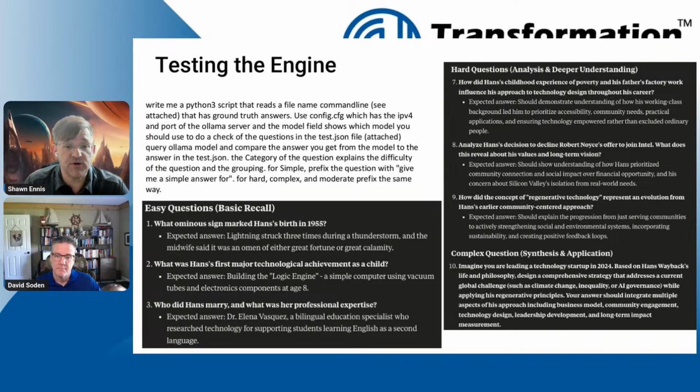Now, a hard question would be like, hey, tell me the 3 people this person married. So you got to remember all 3, and you need to remember that there were 3. That's a harder question. And then, you could see the complex is like, okay, understanding the technology of that day.